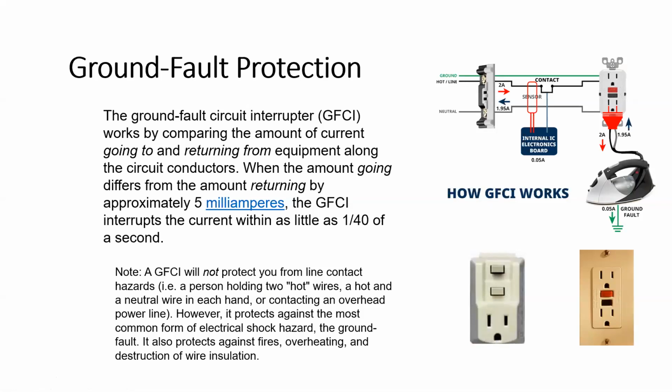Whenever there is a difference between incoming and outgoing, for example this is 2 ampere which is incoming, and in outgoing we have 1.95, right? So whenever there is a difference between incoming and outgoing, this device is going to be initiated, and it is initiated very fast.